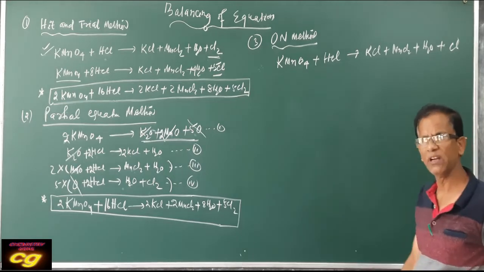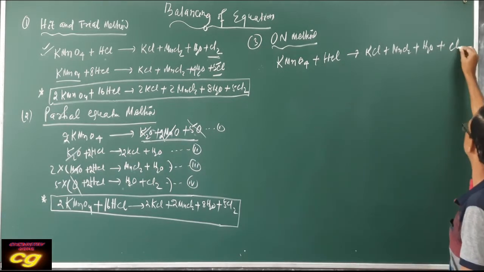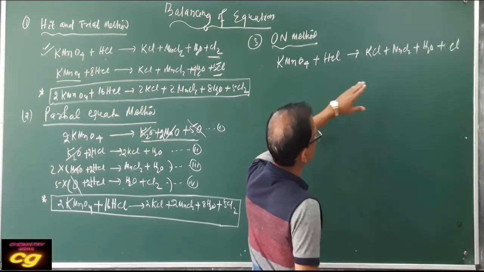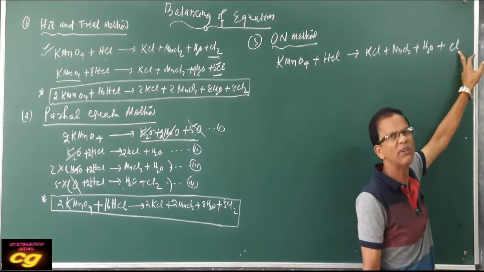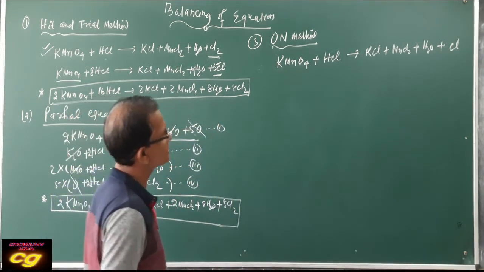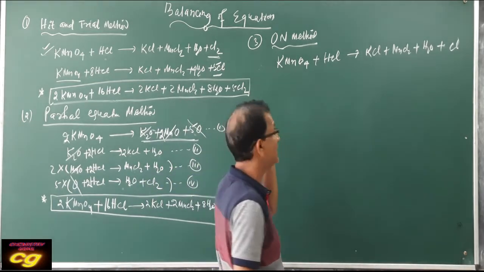But here I am telling one thing. If it is written as Cl2, you write it as Cl, so that you can convert it into molecular form. So write it in atomic form. When you are writing the equation, it is better to use atomic form. It will be easy. So water plus Cl. Then you see the oxidation number change on the left side and right side.